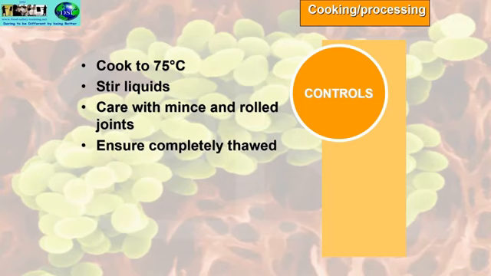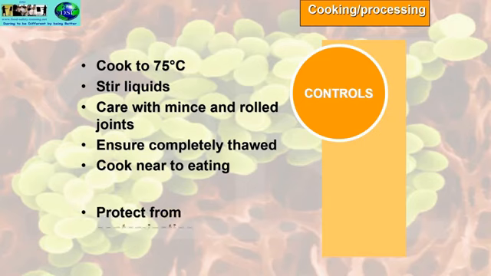Ensure everything's completely thawed before cooking, unless it's a small item. Cook near to eating, because the number one cause of food poisoning, which I mentioned earlier in the lectures, is producing food well before you need it and keeping it at ambient temperature, not keeping it hot.